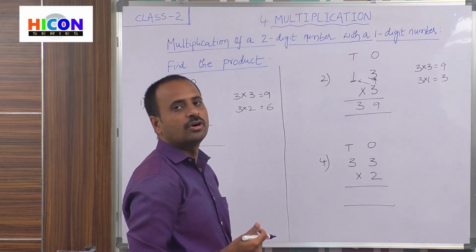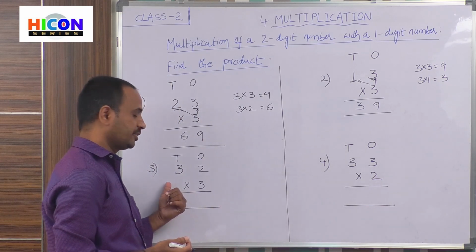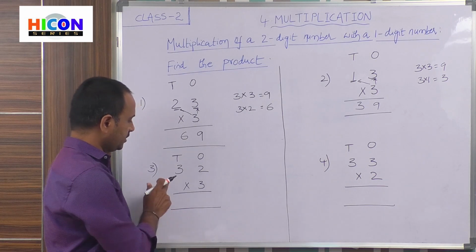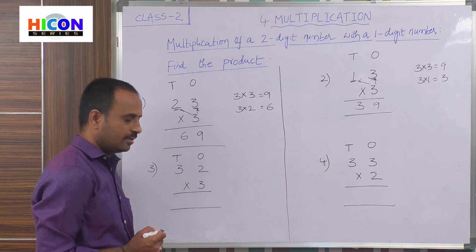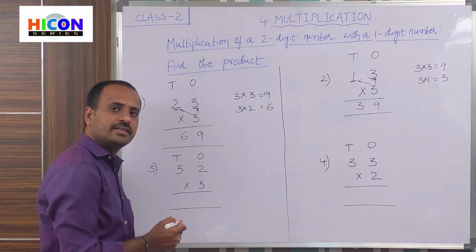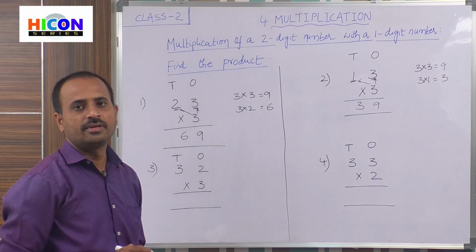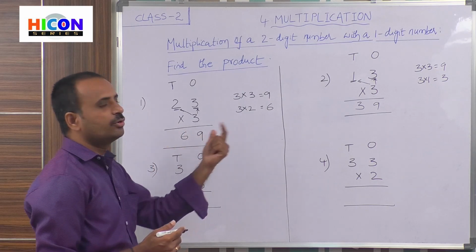Children, now go to the third problem here. What is the third problem here? Children, look at the board. This is the third problem. 32 into 3. Here 32 is a 2-digit number and 3 is a 1-digit number. Now start the multiplication as we have done in the 2 problems.